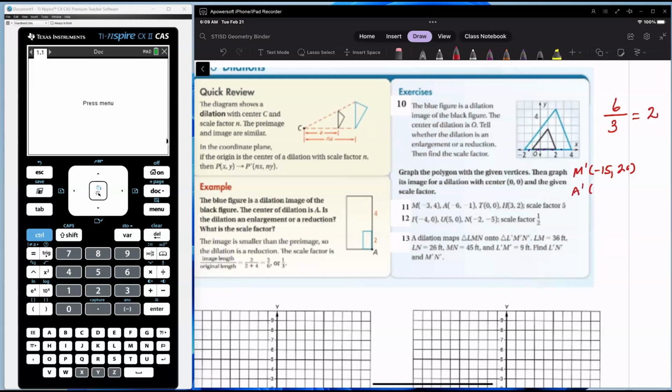A prime will be 5 times -6, which is -30, comma, 5 times -1 is -5. T prime is 0, 0. H prime will be 15, 10.